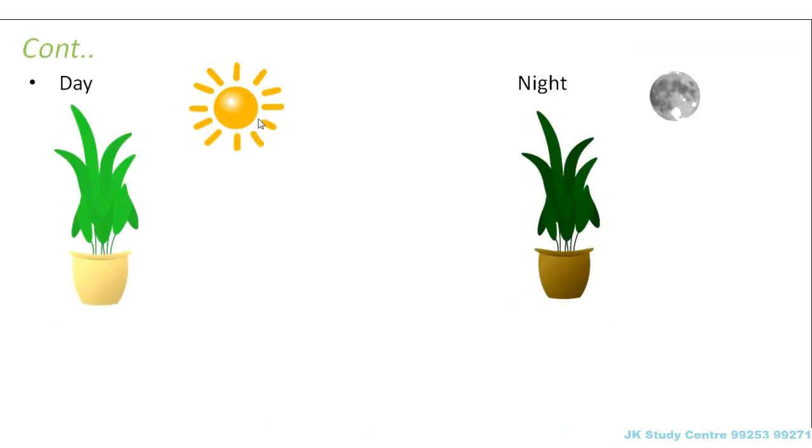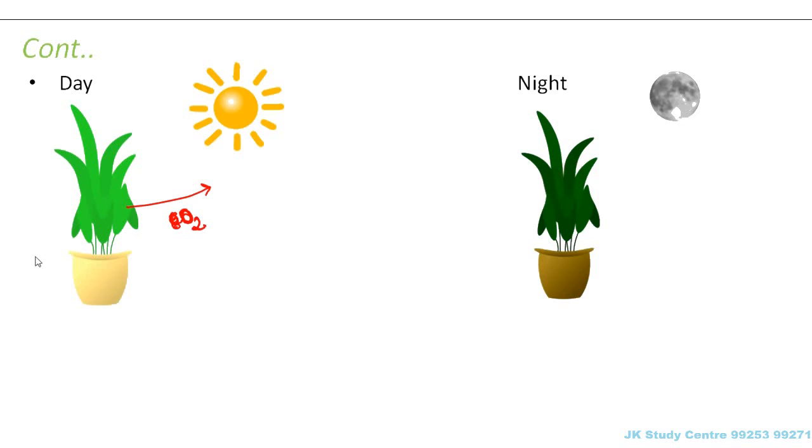So let us look at the difference between day and night. What happens during the daytime when photosynthesis can take place due to the presence of sunlight? Not carbon dioxide, the movement of oxygen during the daytime from the plant to the atmosphere, that is the major event, right?